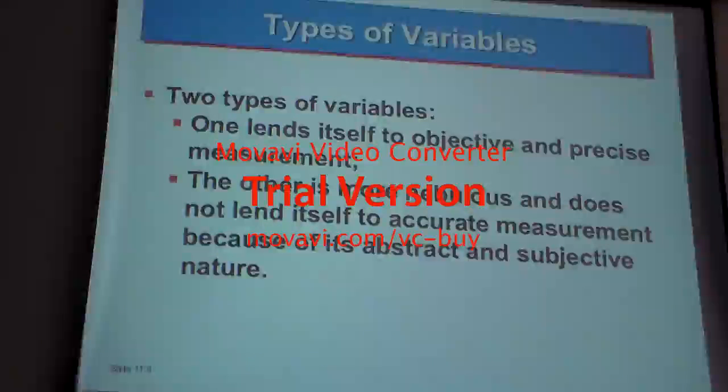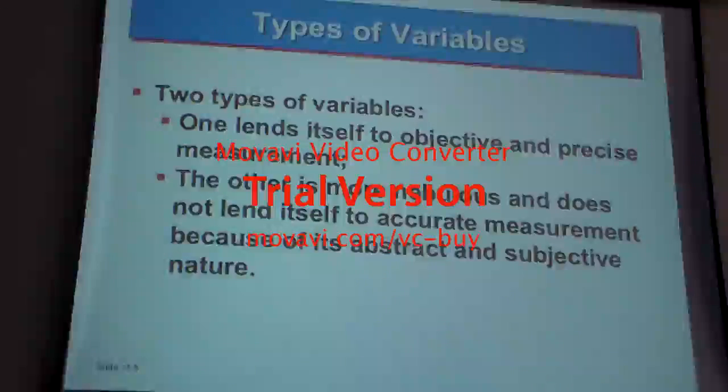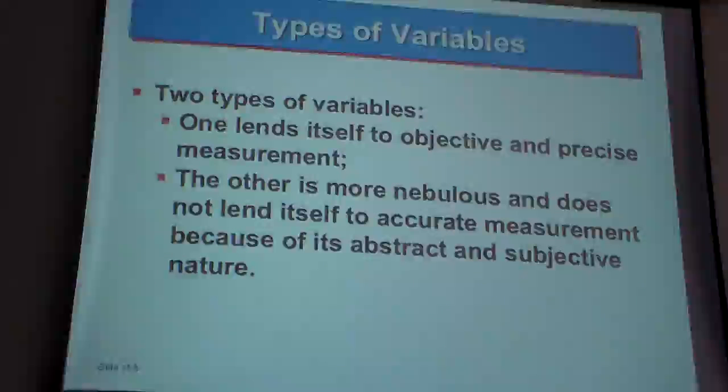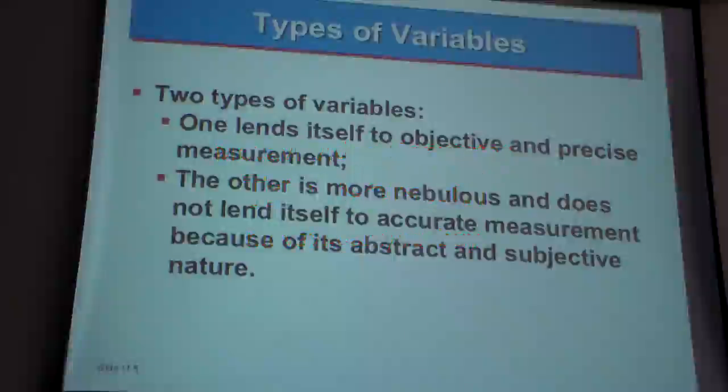So we need to transform the data that we have collected into numbers. For this kind of variables, it's okay, because it has precise measurement, so it is easy to code into numbers. But for this kind, which is abstract and subjective, how can you transform it into numbers in order to analyze the data? You get my point now?